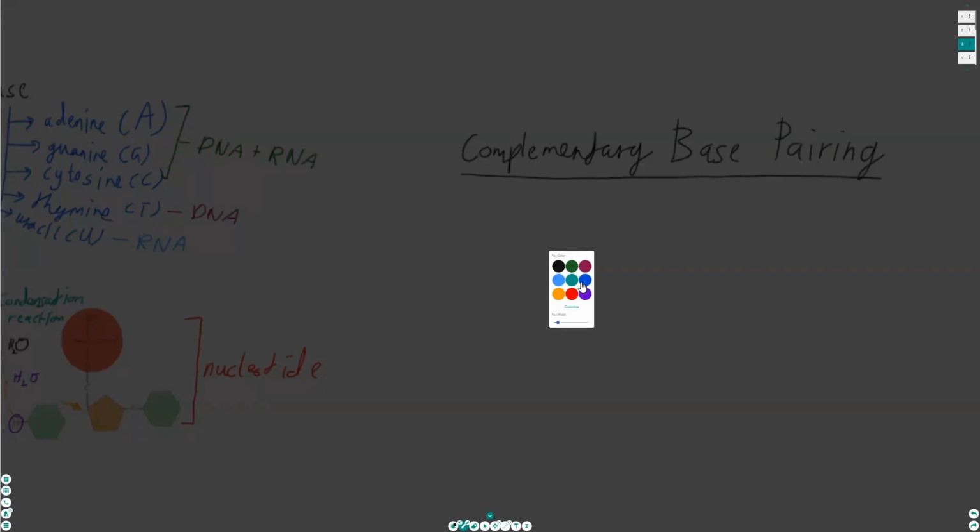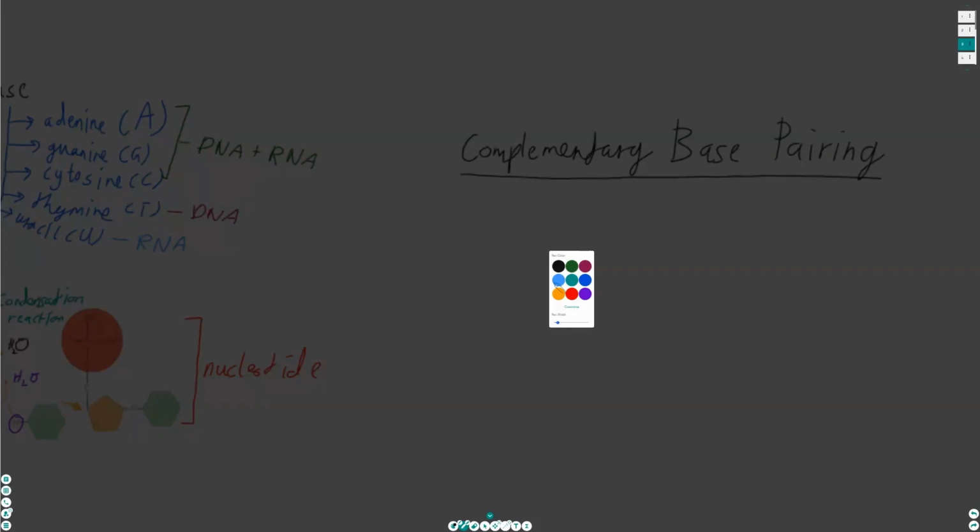Complementary base pairing is when one specific nucleotide pairs up with another specific nucleotide and it stays like that.